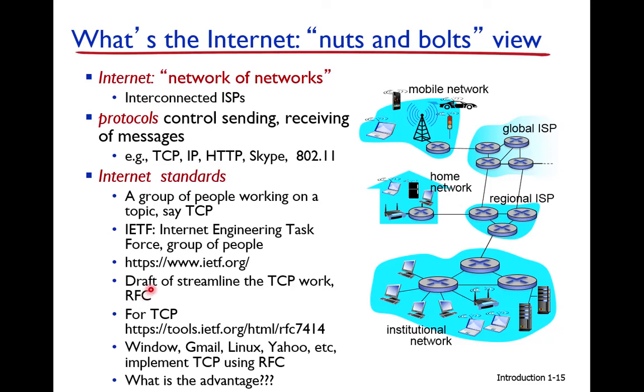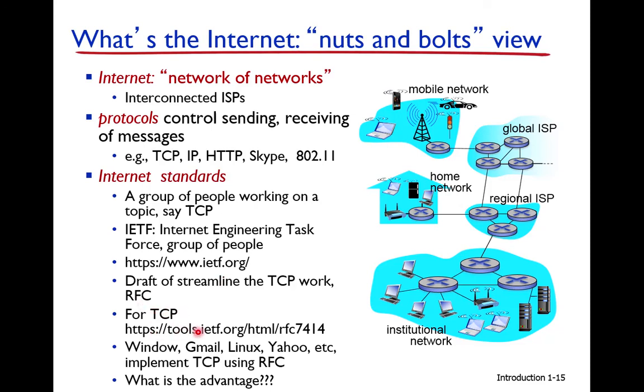This draft says that if the TCP protocol has to work, it has to work in these steps, and it also suggests all the related details of how it should work. This is called an RFC.